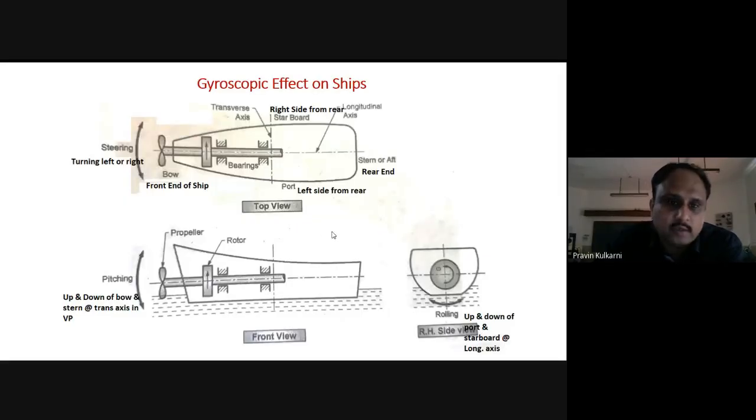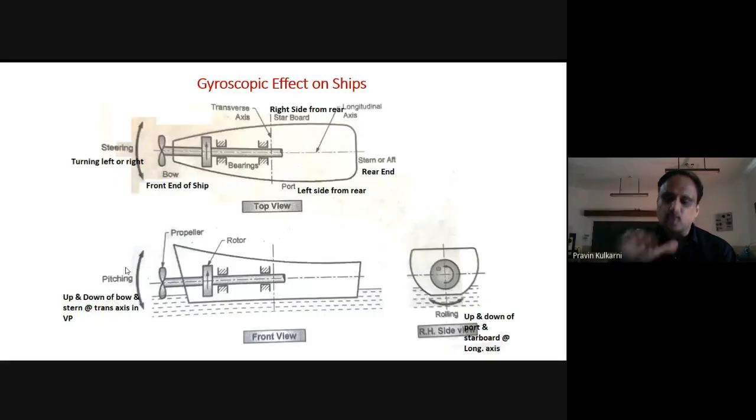Accordingly, we have two main cases. The numericals will be on either the ship taking a left or right turn, or on pitching. The method remains the same. Again, it may be steering, it may be pitching. What we have to understand is, in all these cases, firstly, arrange the fingers according to the sense of rotation, clockwise or anti-clockwise.